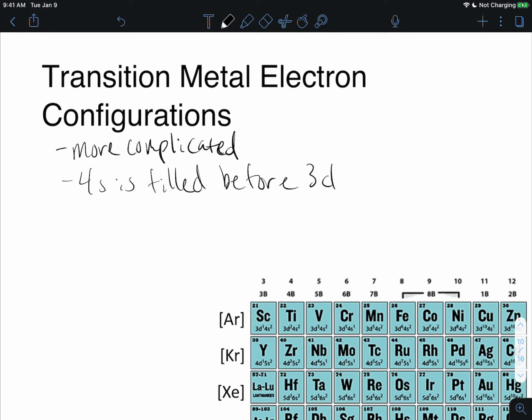So again, it gets very, very complicated. And then of course, 5s is before 4d, 6s is before 5d, so on and so forth. But we still keep in mind our Hund's rule, our Aufbau principle, and all of that.